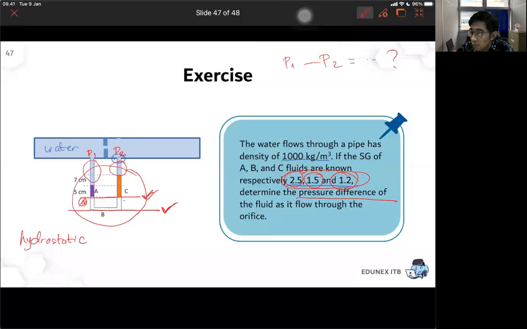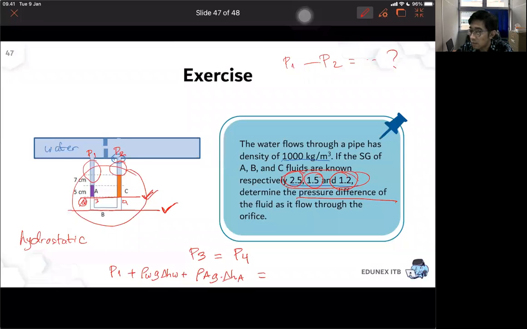Then if I put point 3 and 4 here, the pressure at point 3 will be the same as the pressure at point 4. Pressure at point 3 is pressure at point 1 plus rho water G delta H water plus rho A G delta H A.